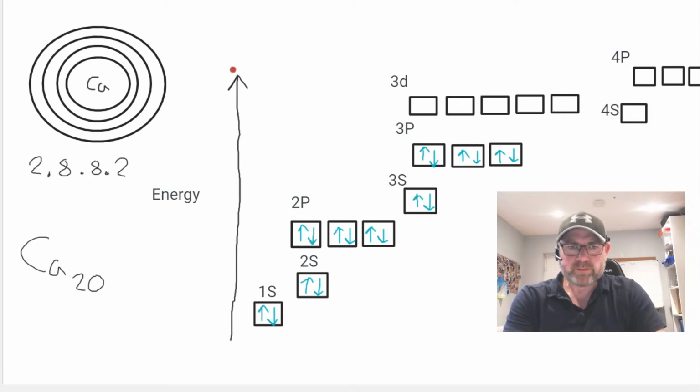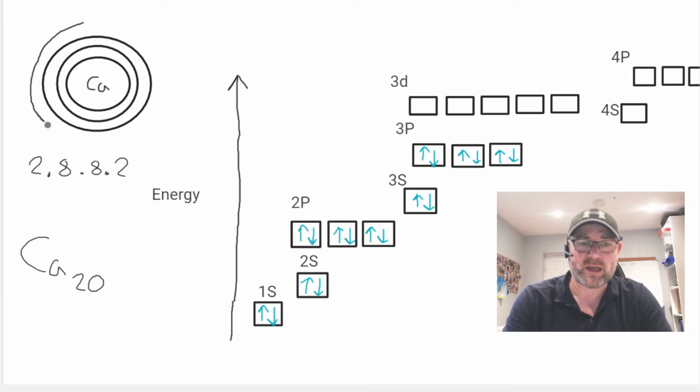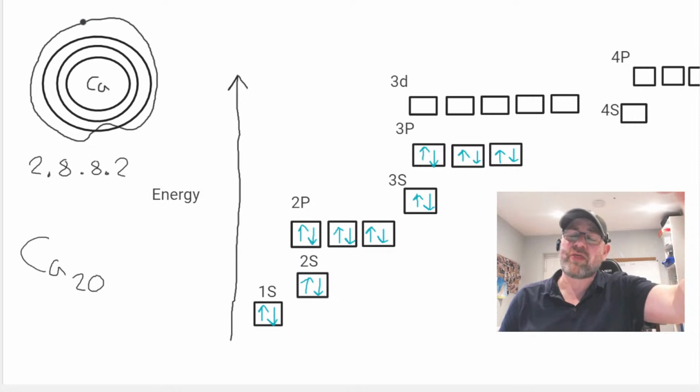So imagine the 4th ring, 1, 2, 3, 4, dipping in at a point. If I was to draw this, this is the 4th energy level, which is 4s, 4p, 4d, and 4f. It's like it dips in here a bit. So 2 of the electrons it carries are at a lower energy than the 3rd ring.